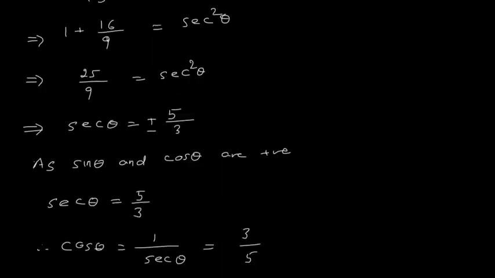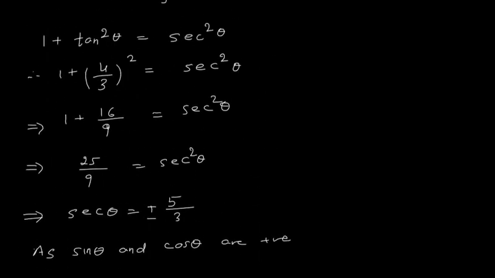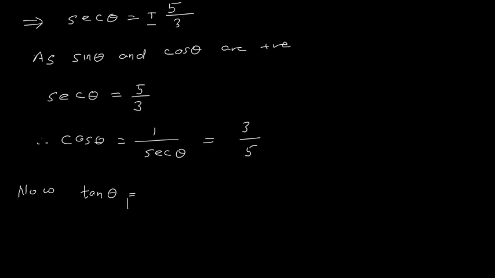Now tan theta, what is the value of tan theta? 4 upon 3. Okay, so tan theta is 4 upon 3. Therefore, what is the value of tan theta? It is sin theta upon cos theta.